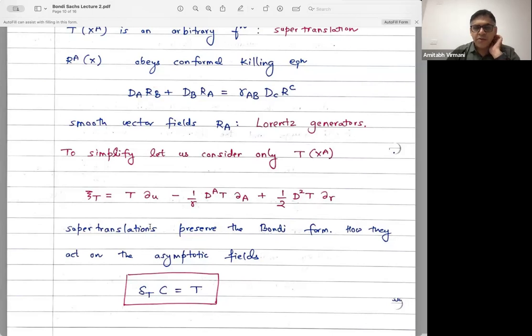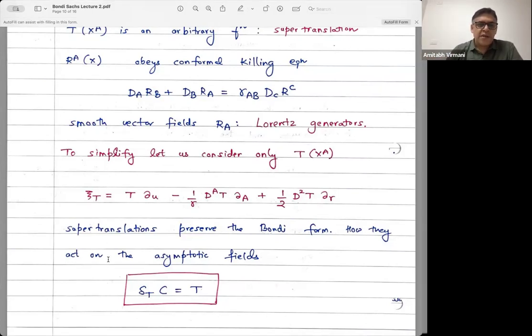So one can write down how this vector will act on various quantities: on the Bondi mass, on the angular momentum aspect, on the C tensor, and so on. All those formulas you can find in the reviews that I mentioned.